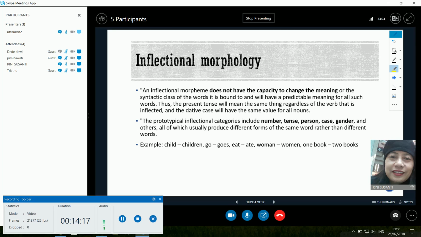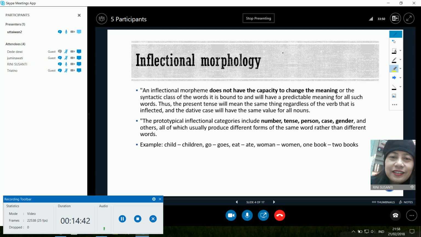The inflectional morpheme does not change the meaning or the syntactic class of the words. It is bound to and will have a predictable meaning for all such words. Thus, the present tense will mean the same thing regardless the verb that is inflected, and the active case will have the same value for all nouns.